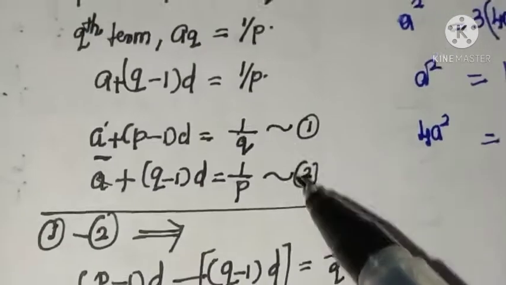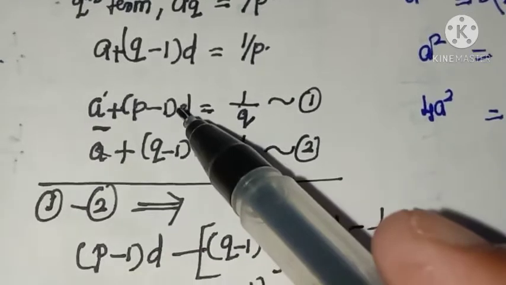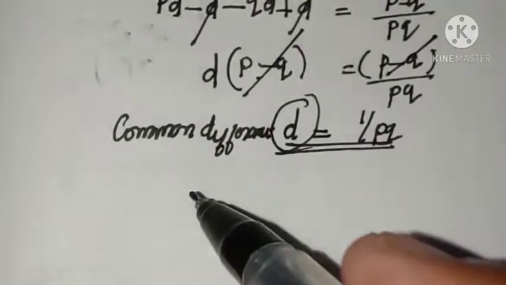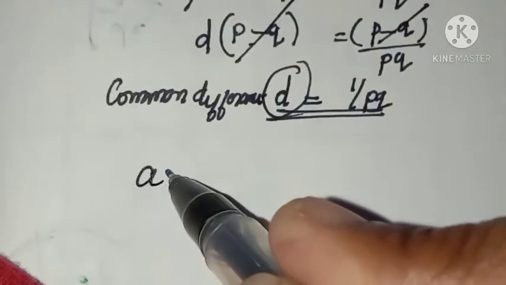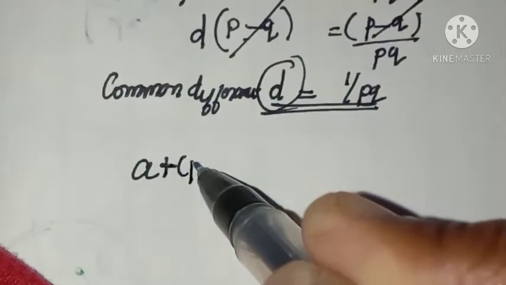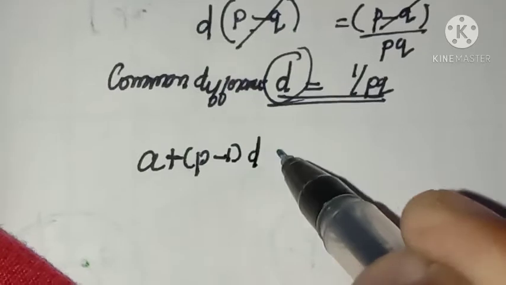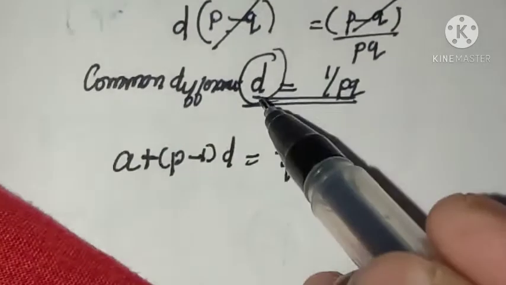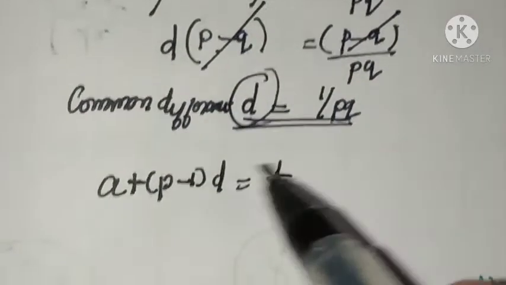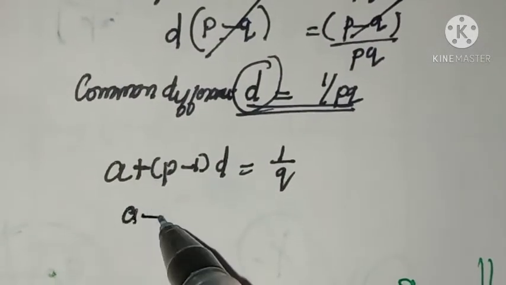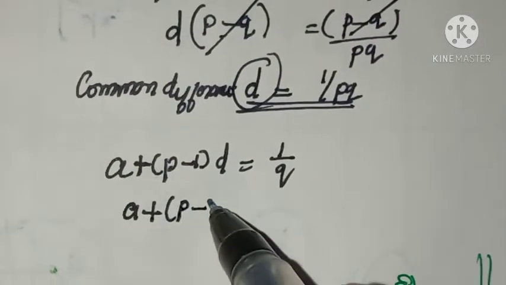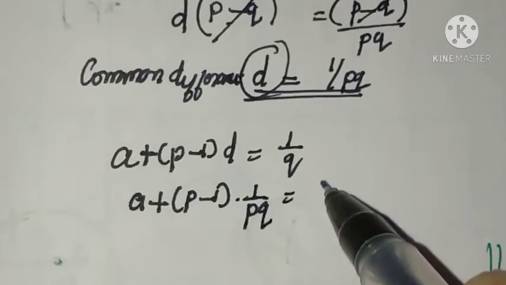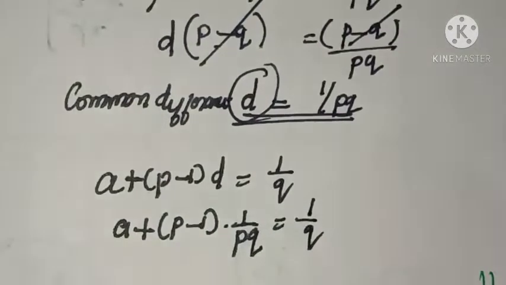Now in this equation, put d equal to 1 by pq, then find a. So let us take one equation, ap. ap is a plus p minus 1 into d, equal to 1 by q. Here put d equal to 1 by pq. So this is a plus p minus 1 into 1 by pq is equal to 1 by q.